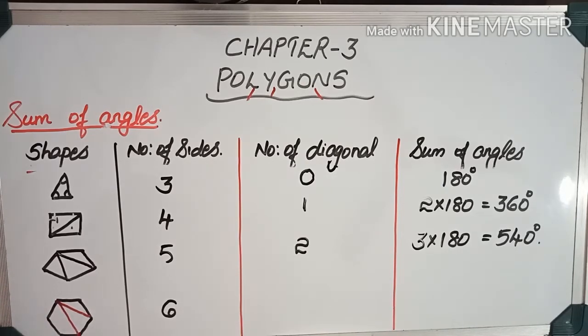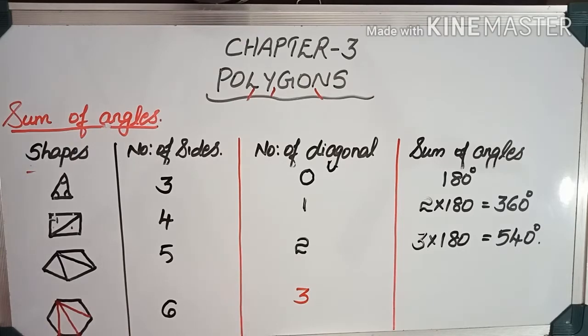The second diagonal goes to the next vertex, like this. Any other diagonal possible? No, only this much. So how many diagonals without overlapping? 1, 2, 3. Total 3 diagonals.